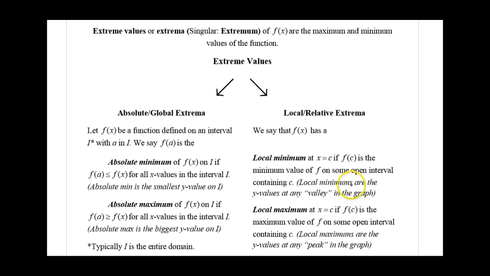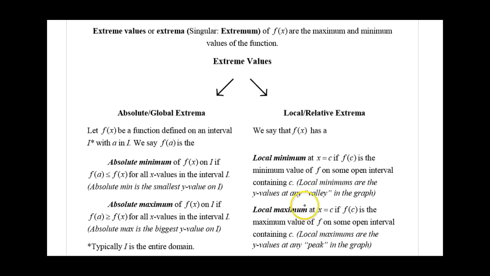So we can potentially have more than one local minimum, and what we're looking for is still y values. So for all extreme values, we're talking about y values unless otherwise asked for. So we're looking at any valley in the graph and what is the smallest y value in that valley.